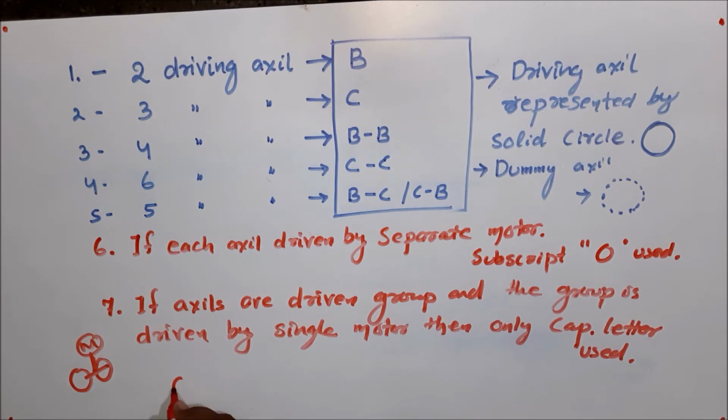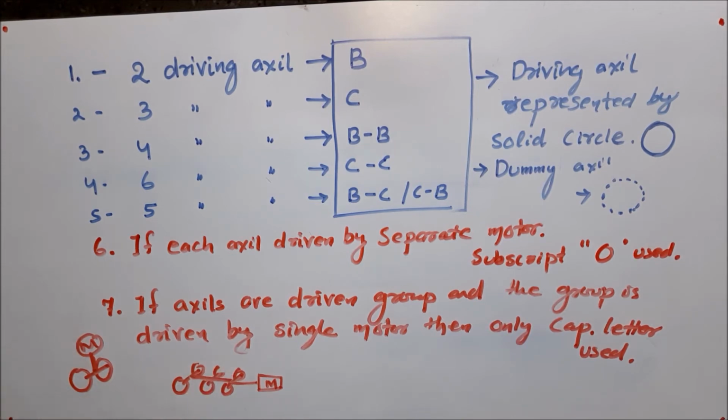And group means, let us consider this is a pair of wheels, this is another pair of wheels, and this is a third pair of wheels, and three axles are connected to a single motor. That means the motor is connected to all the wheels. All are driving axles, but they work in a group. This is single, this is group, right?